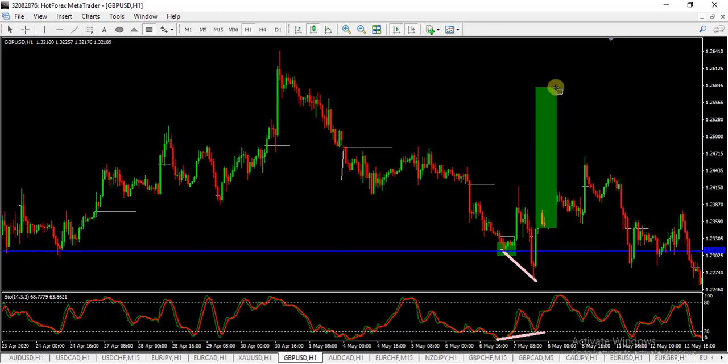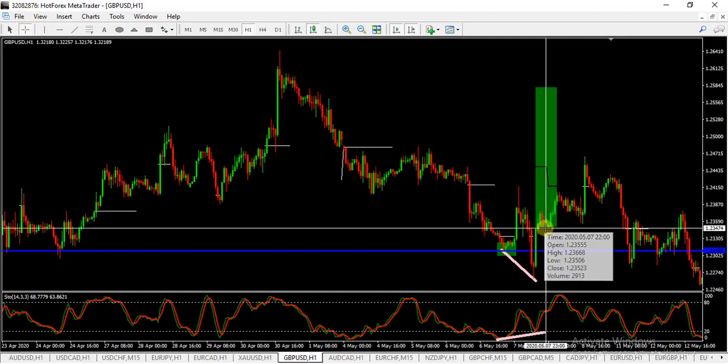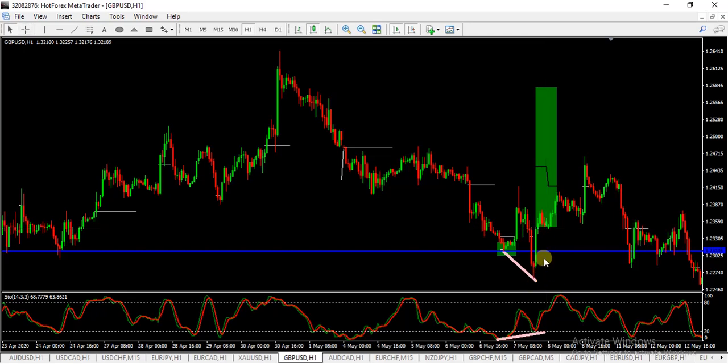Hey guys, it's not a must that you take such a trade, because the distance between the entry and the stop loss is about 88 pips. This is just an example, not a setup for people with small accounts to trade. It's about you following your risk management.